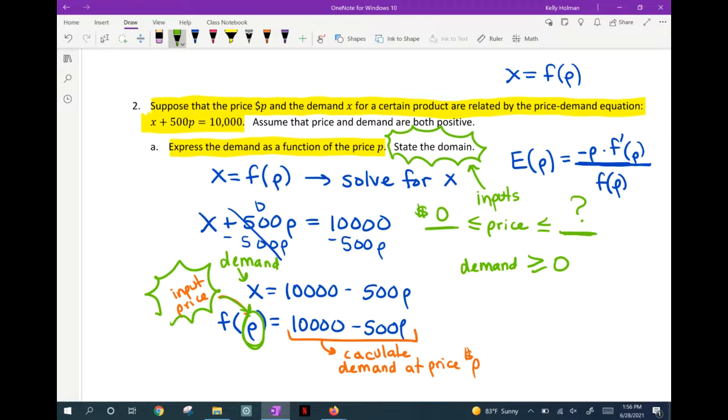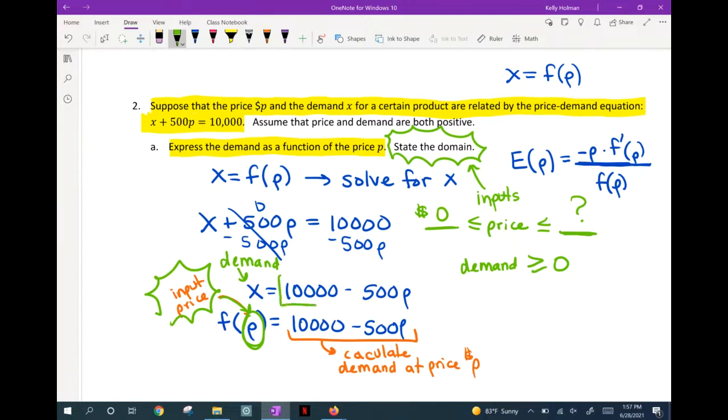Since it's a real world scenario, we're always going to assume the lowest you can price an item is $0 and the lowest the demand can be is 0 items. Here's the trick. I got some good ideas out there.